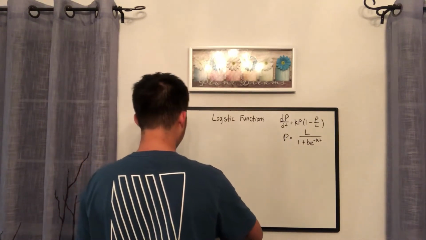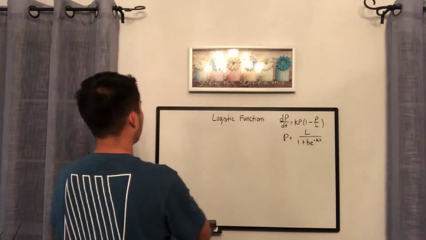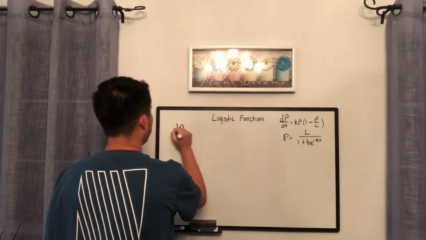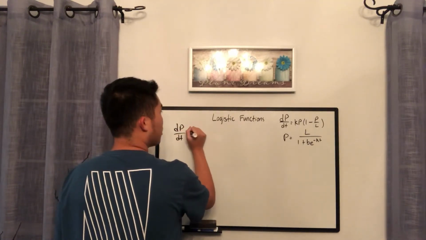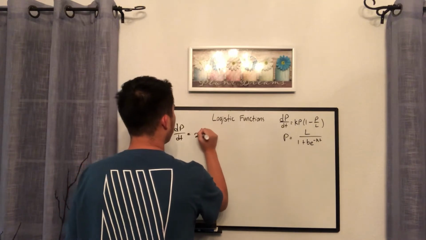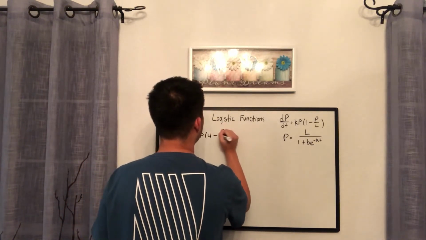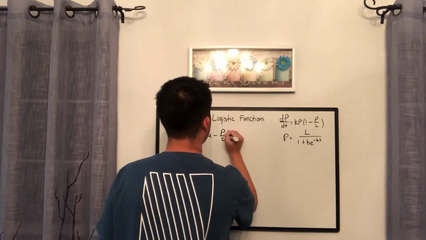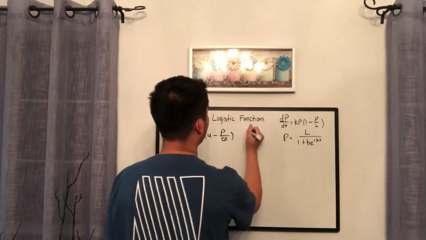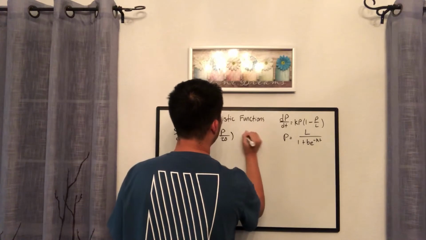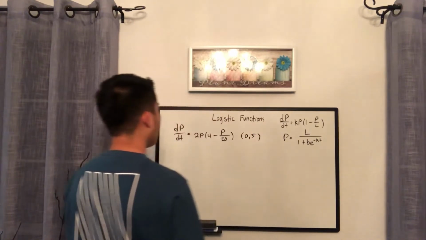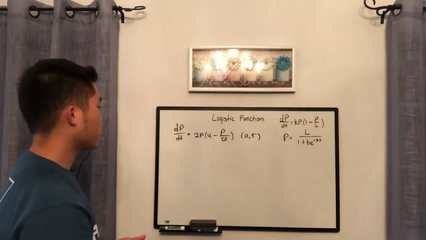Say you're given a differential equation dP over dt equals 2P times 4 minus P over 20, and given a point (0, 5). It asks you to find the general solution.